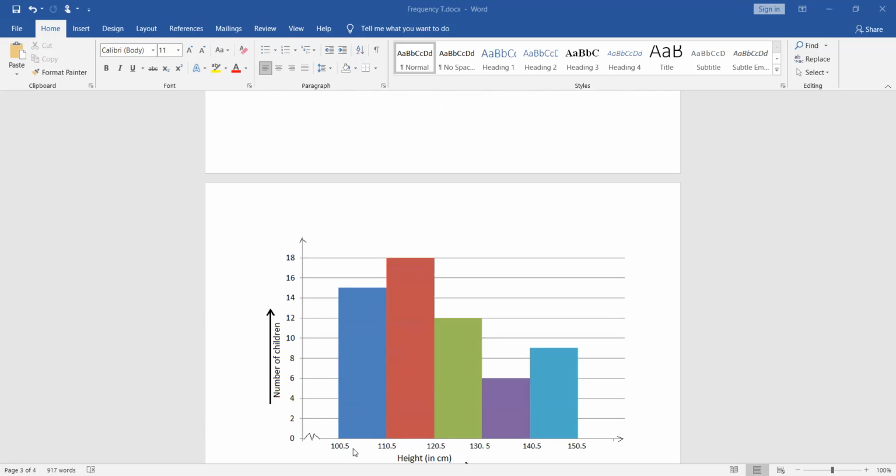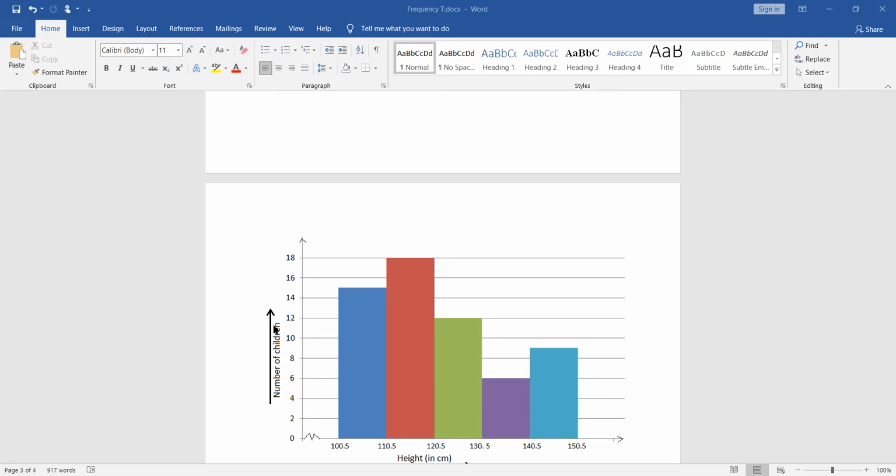Now you can check the graph starts with some space between the first class boundary and the 0 point. Sometimes we leave the space, or sometimes we can start from the 0 axis, and the scale is different for both axes. On the y-axis each difference is equal to 2: 2, 4, 6, 8, 10, 14, 16, 18.